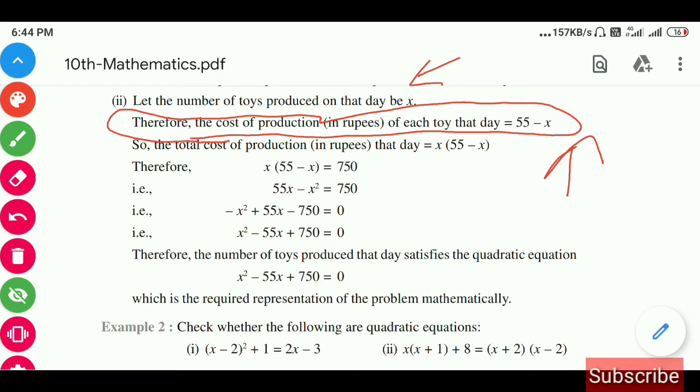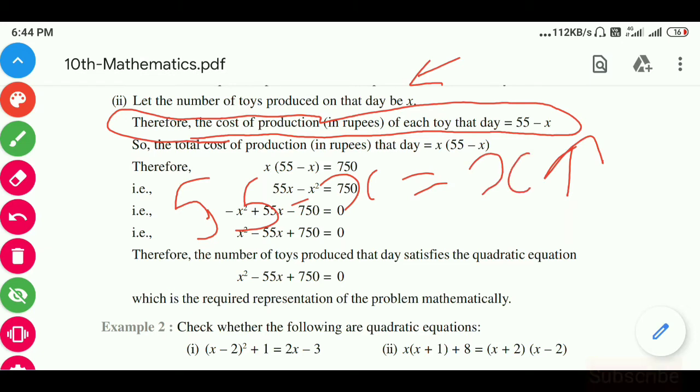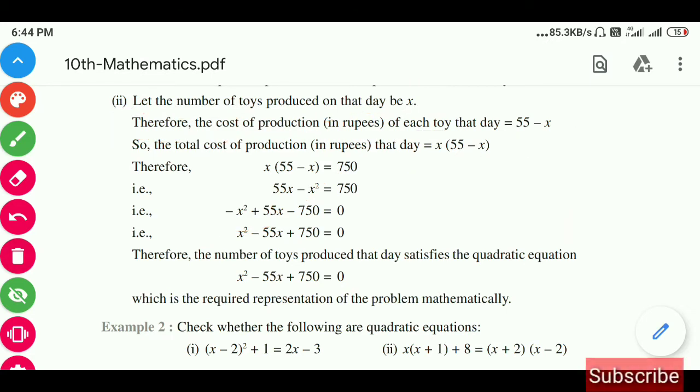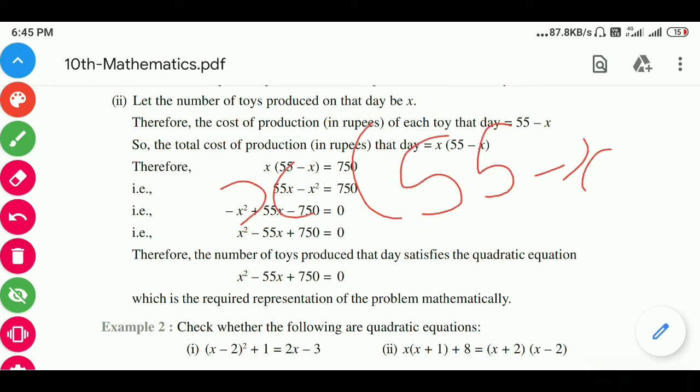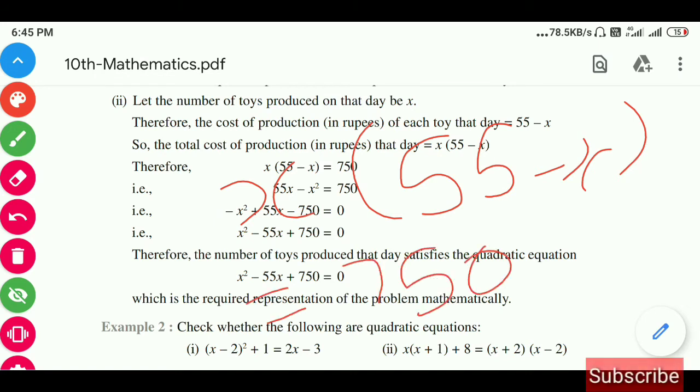So we conclude that 55 minus x is the cost of one toy. Therefore the total cost will be x into 55 minus x, and we are given it equals 750.